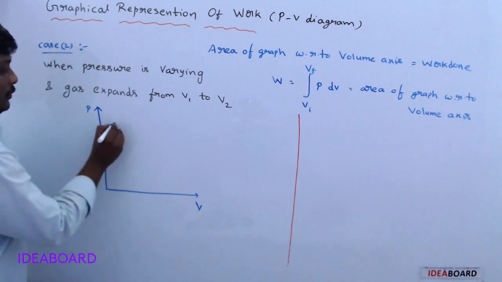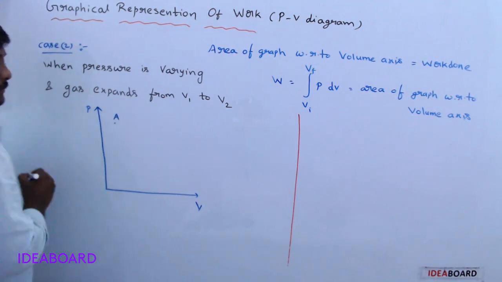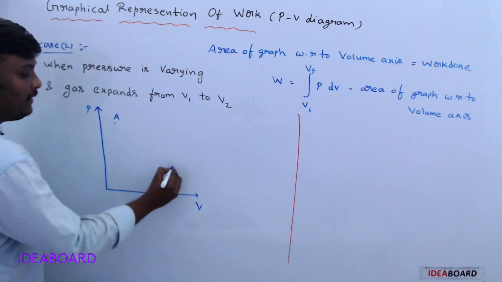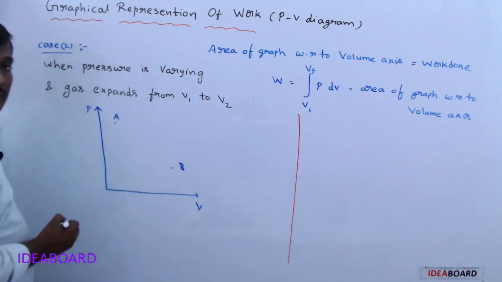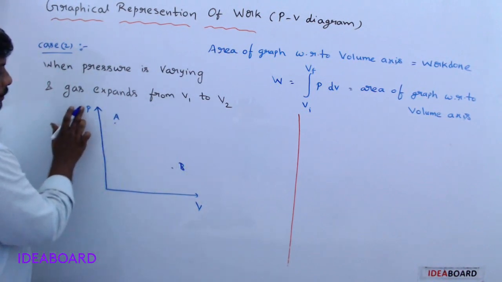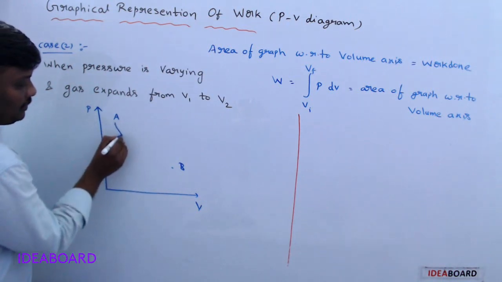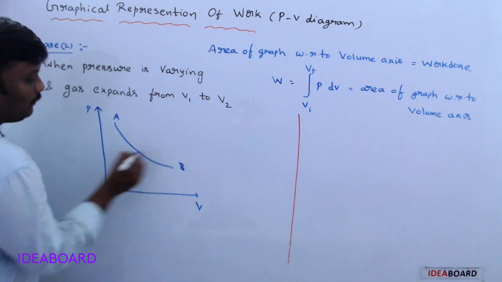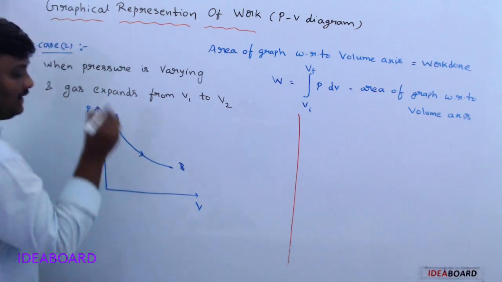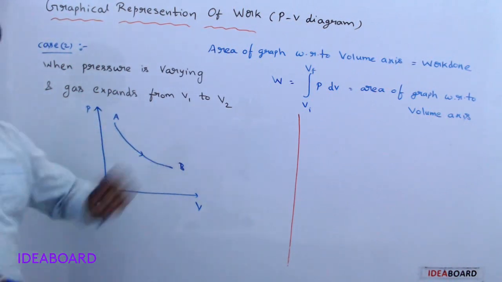Suppose the initial state is A and the final state is B. Volume increases, and in expansion we know pressure always decreases, so I may move like this.